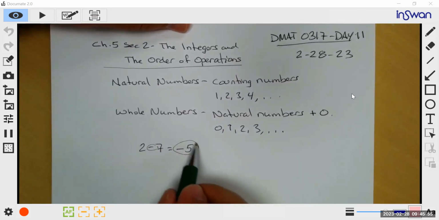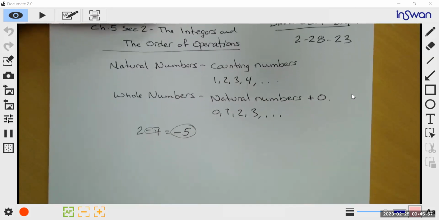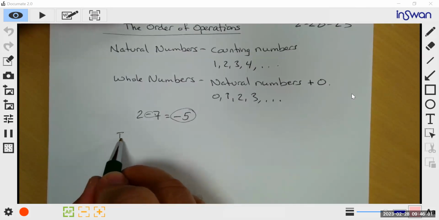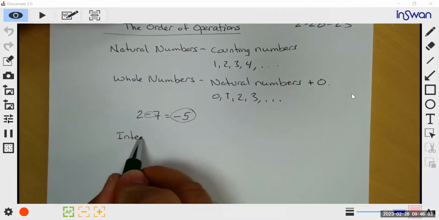So now we have to look at negative numbers. Those are the integers.